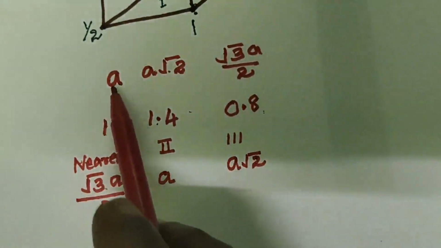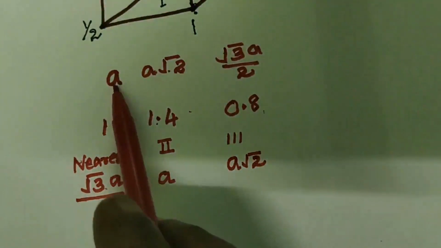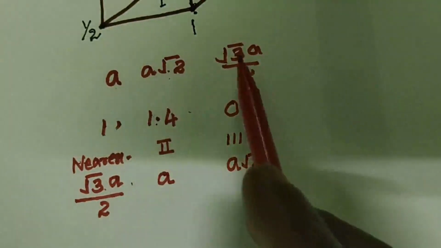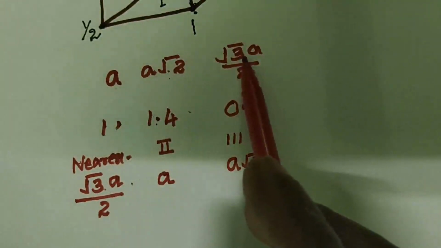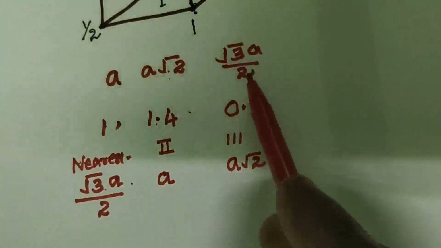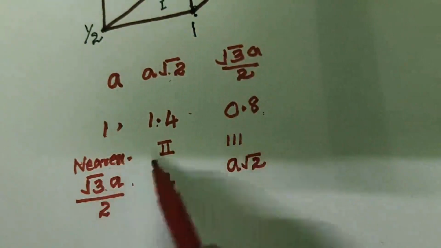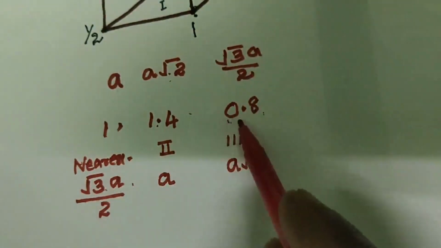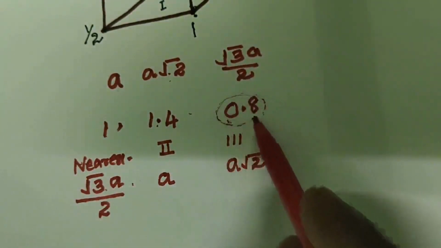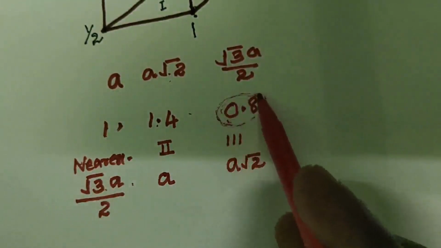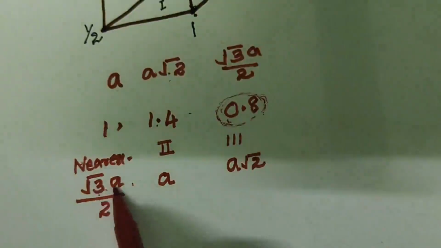From the corner, the edge length is a, the face diagonal is a root 2, and the body diagonal half distance is a root 3 by 2. So from the corner, what is the nearest distance? The nearest distance means the very low value. So the very low value is considered the nearest, that is the first nearest, a root 3 by 2.